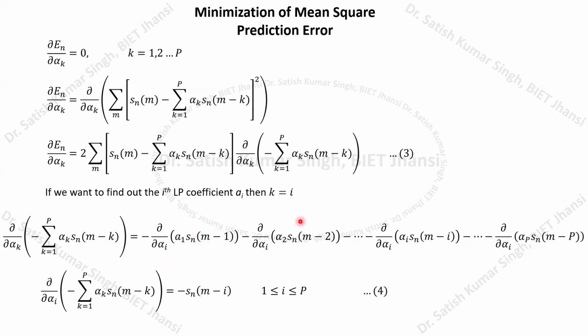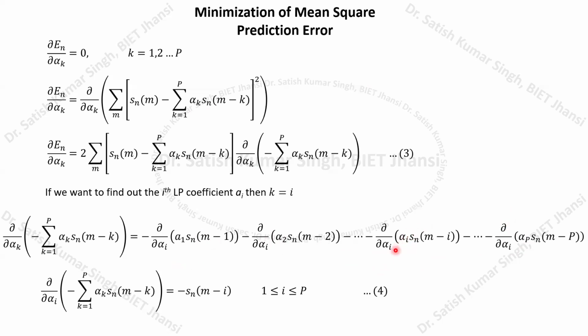Similarly, this differentiation will also vanish because we are differentiating with respect to alpha i, and here we have the coefficient alpha 2. Similarly, all these other differentiations are going to vanish, but the only differentiation which is going to survive is this one, with respect to k equals i.